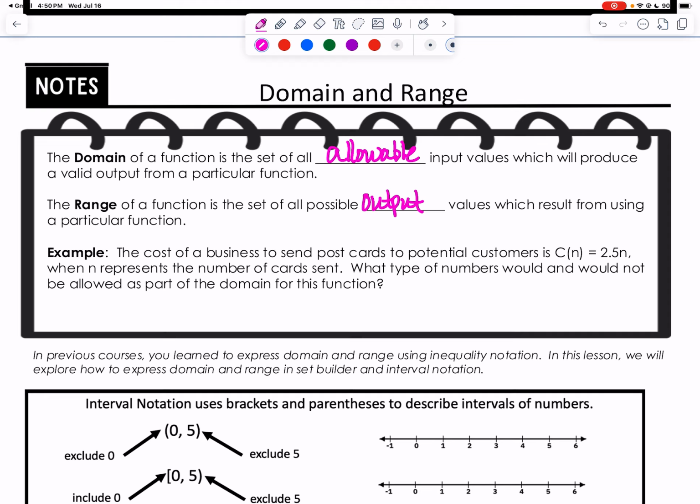So we couldn't send half a postcard. We couldn't send 2.7 postcards. We also could not send any negative number of postcards. So we know that our allowable input values must be the set of positive integers.